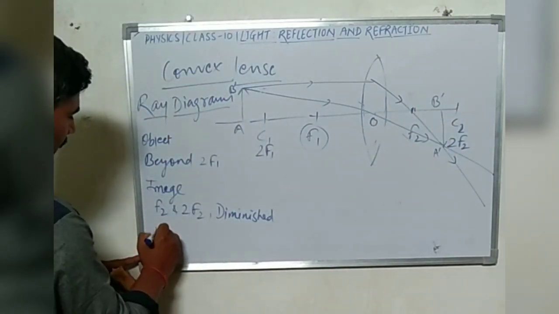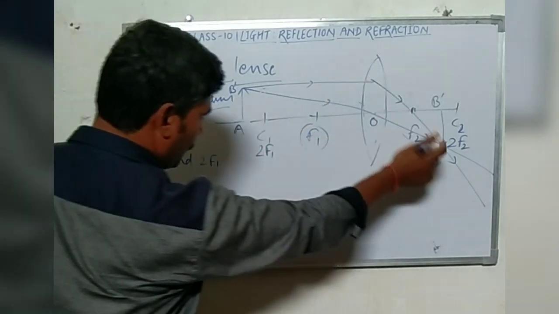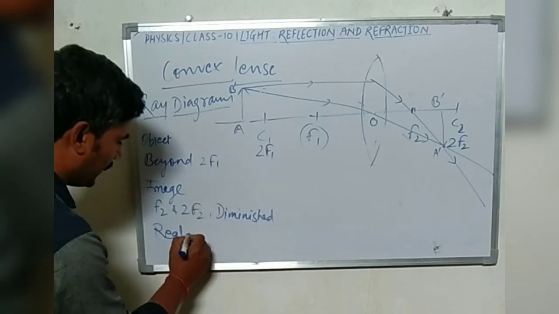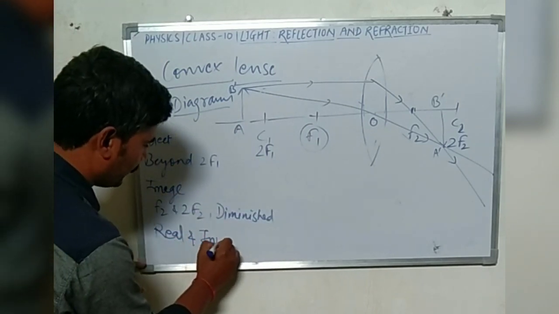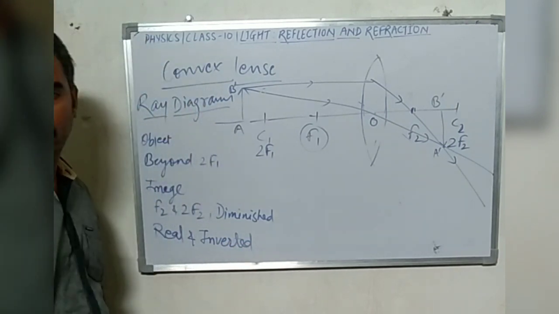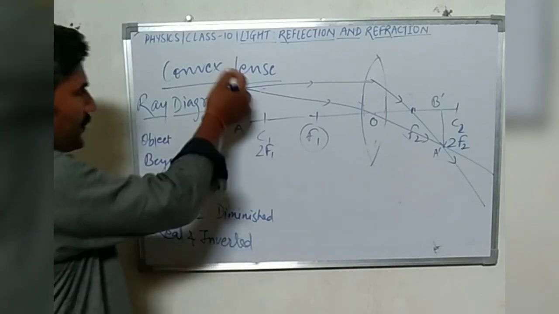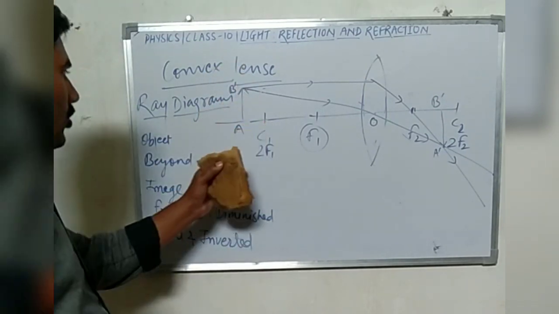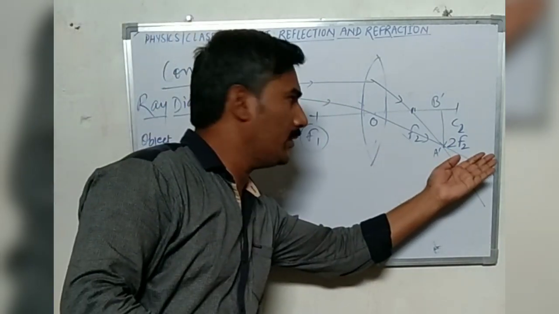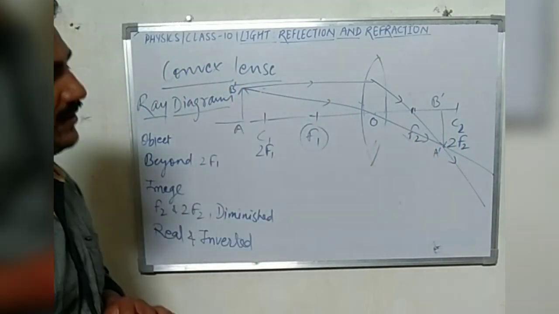So we can say that the image formed is real, as the rays are actually meeting at a point, and since it is hanging downward, it is an inverted image. So when the object is placed beyond 2F1, the image is formed between F2 and 2F2, which is real, inverted and diminished in nature.